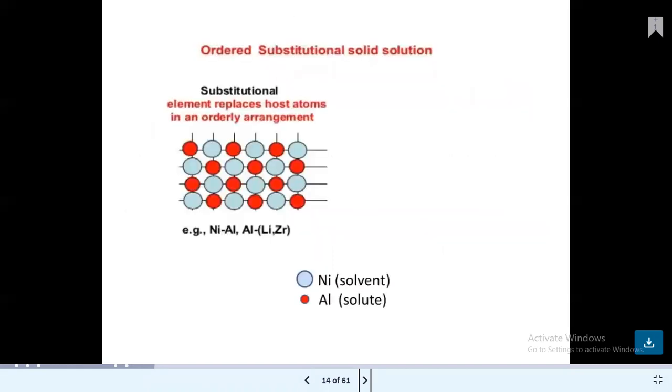The element replaces host atoms in an orderly arrangement. The white circle is nickel, the solvent, and the red atom is aluminum, which is less in number, so it is called the solute.